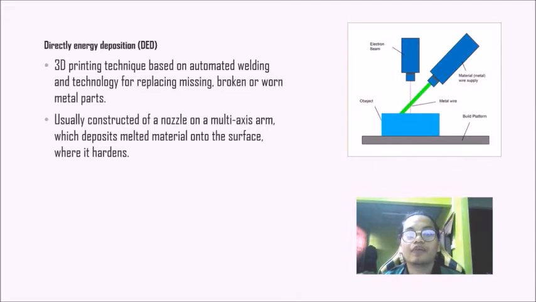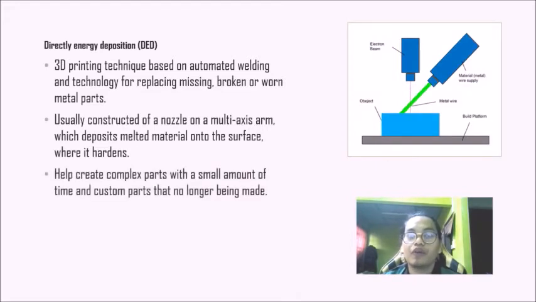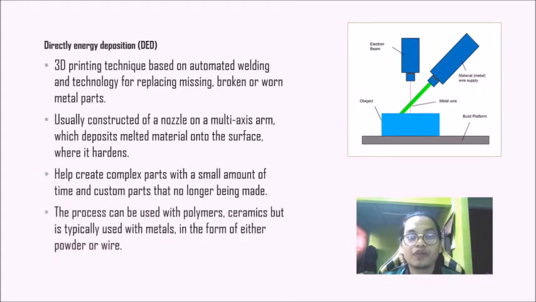DED also helps to create a complex part in a small amount of time, and custom parts that are no longer being made. This process can also be used with polymer and ceramic, but is typically used with metal in the form of either powder or wire.